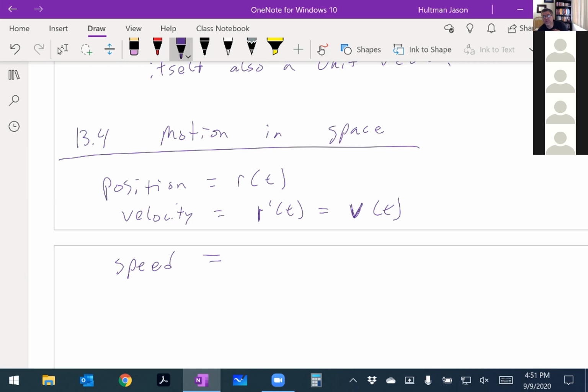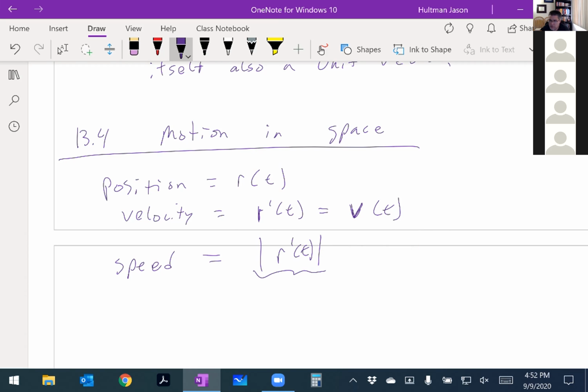So it's the magnitude of the velocity, right? So how about the magnitude of r prime of t? Make sense? Or the magnitude of the velocity vector? Either one.